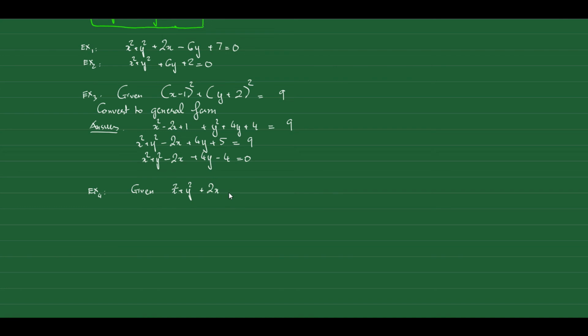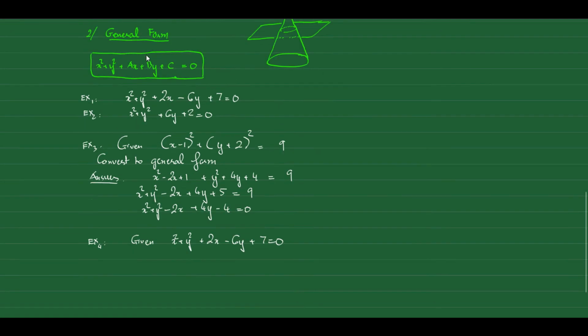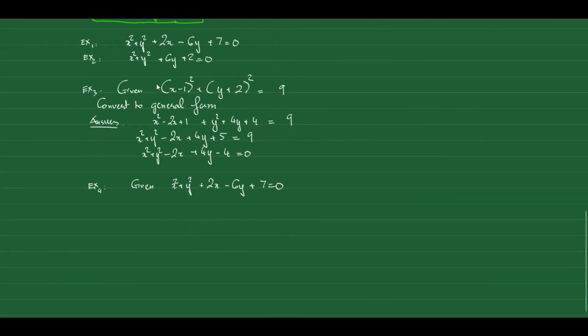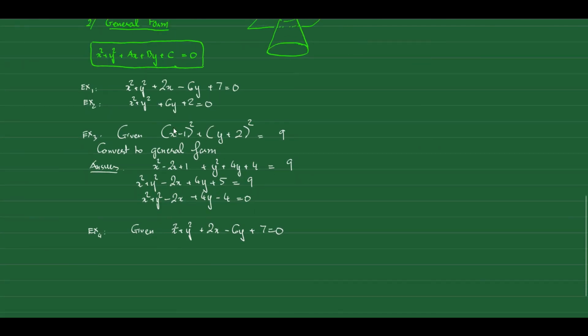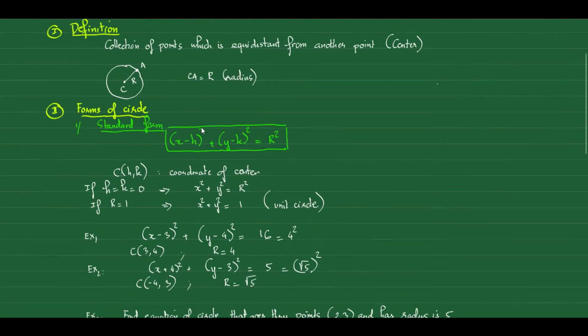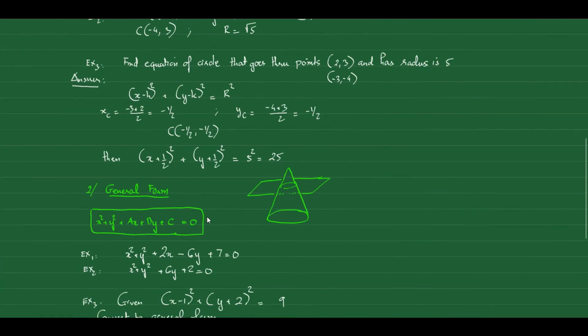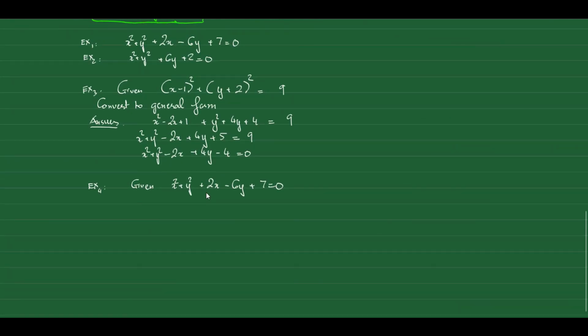Because if you can convert from general form to standard form, you can define the center and the radius, right? Because if it is in this general form, there's no radius, there's no center. But if you convert it to this form, then we can get the center and we can get the radius. But how are we going to convert this to standard form?